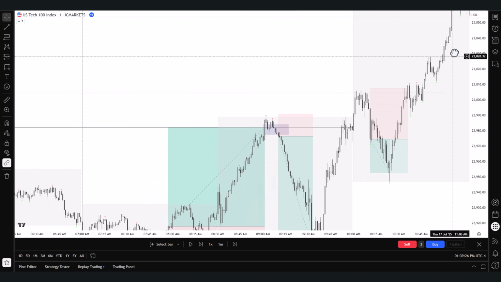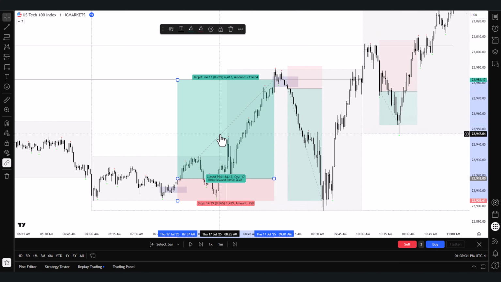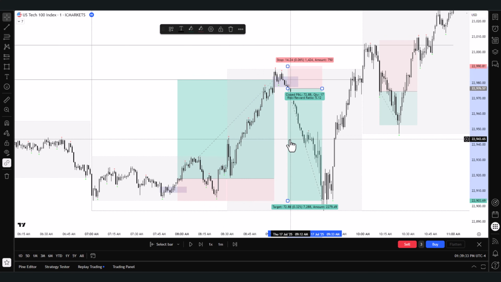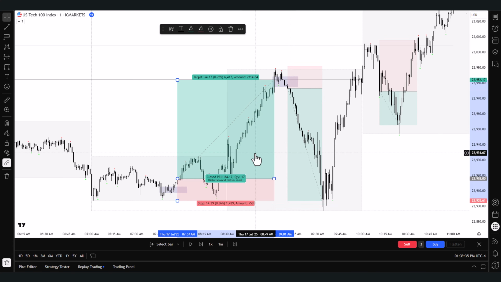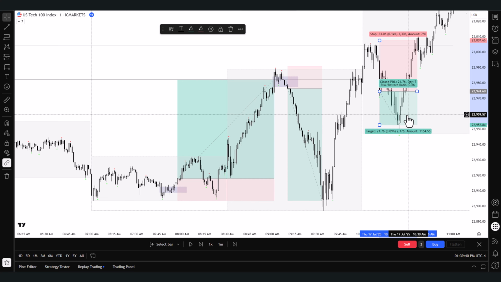So that was today's price action. 3 entries, 2 TPs, 1 SL: 4.46 RR, 5 RR, 9.5 RR, and 1 SL. That means 8.5 RR in total.